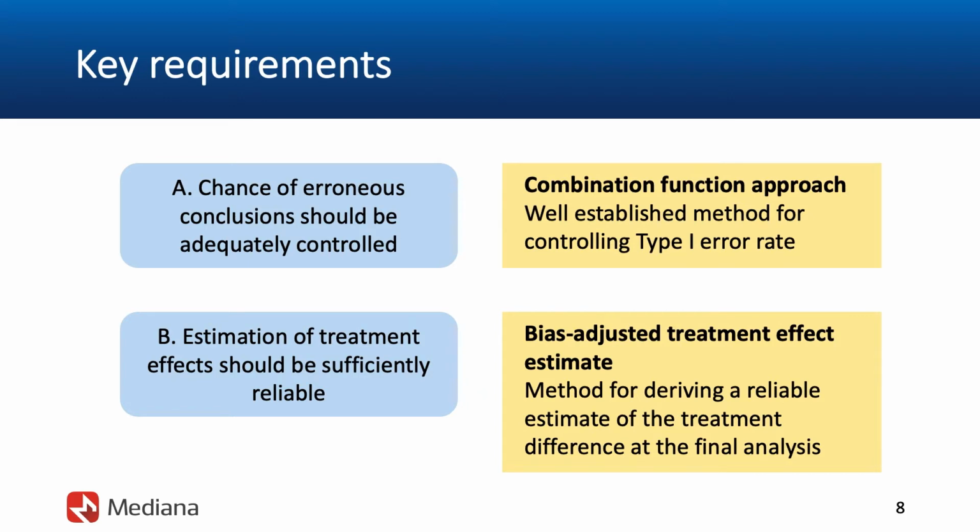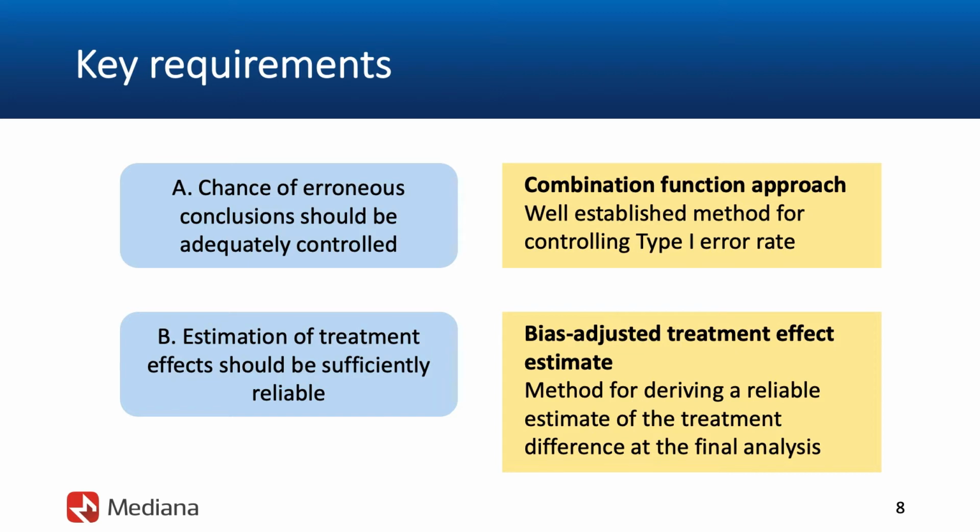In very simple terms, it happens because there are multiple shots on goal, which means that there are multiple opportunities to potentially claim a statistically significant benefit in the trial simply by chance, when in truth, the treatment or intervention of interest is not effective, and that leads to the inflation of the alpha level or of the type 1 error rate.